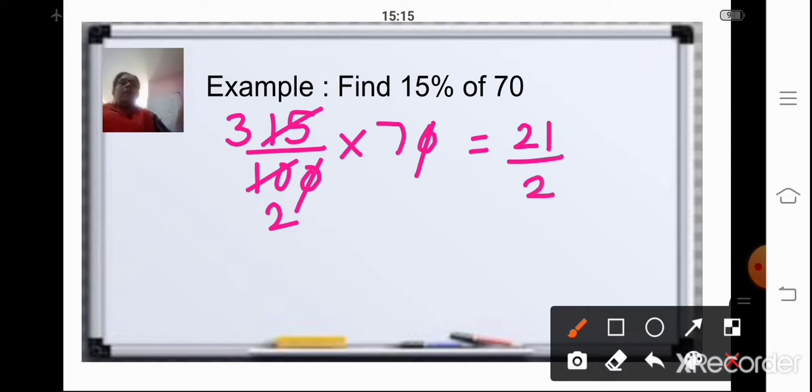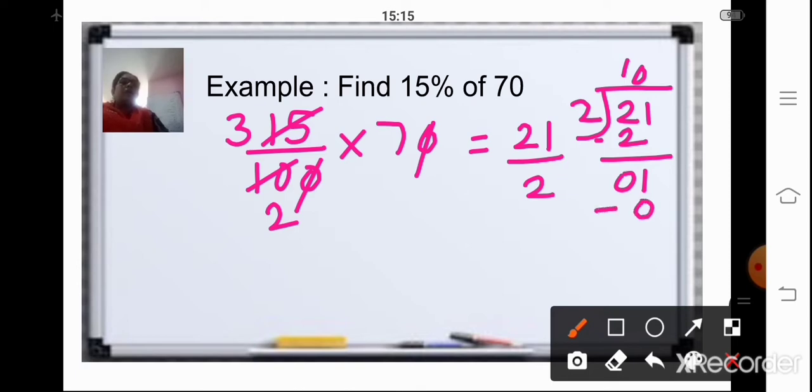Now divide this 21 by 2. 2 ones are 2. Taking this 1 down, it is not divisible, so we will put a 0 here. Take this 1 down, add a 0 to carry out the division. Now when you are adding a 0, you will put the decimal point here. 2 5s are 10. So your final answer is 10.5.